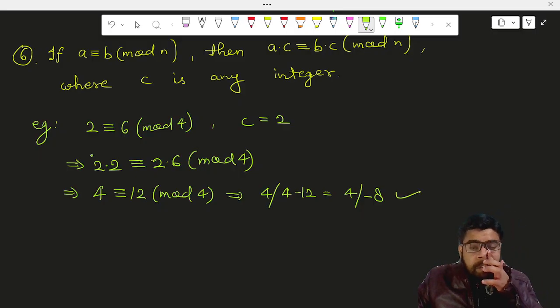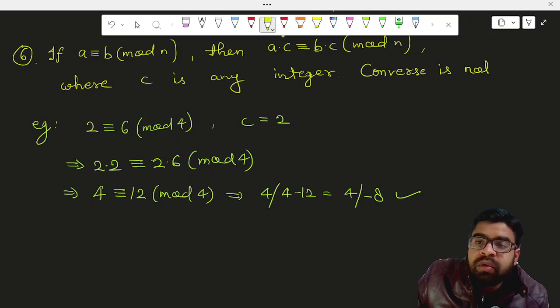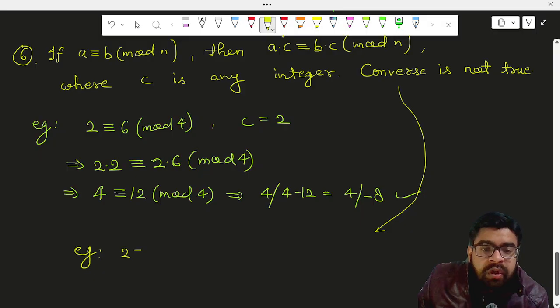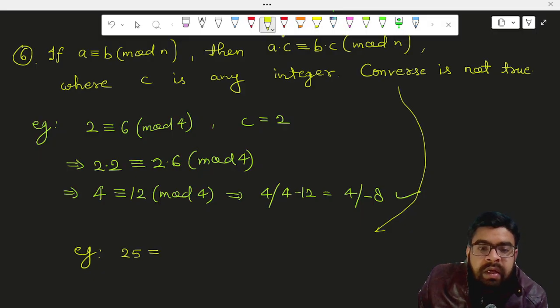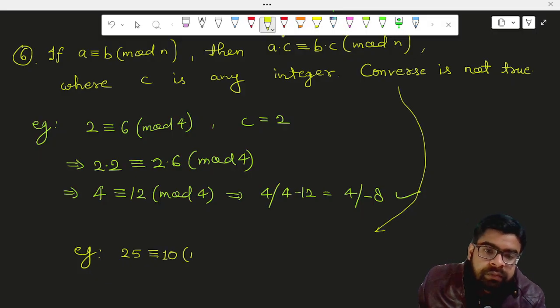But there is a note in this property that the converse is not true. Basically, the converse is not true. So let's see an example of this too. For example, if I take a number 25 which is congruent to, let's suppose, 10 with congruence modulo 5.